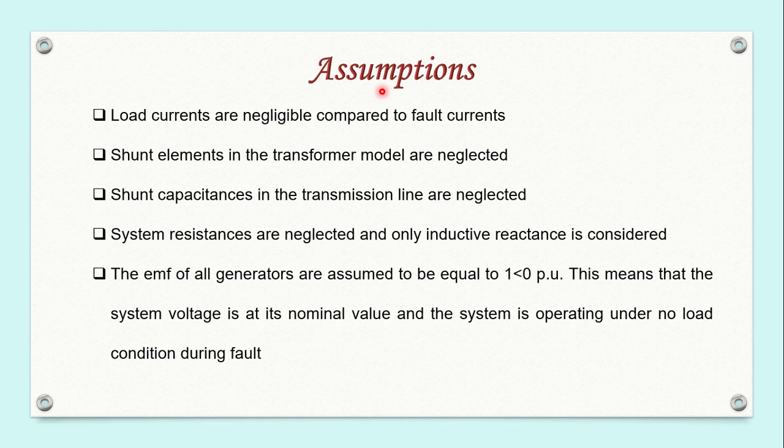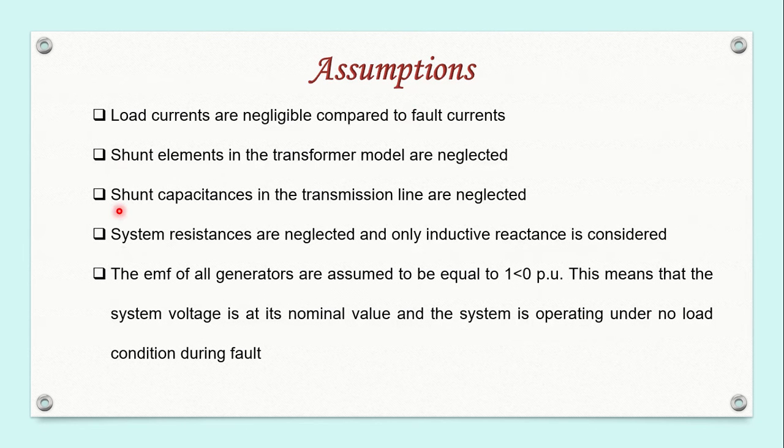Various assumptions for analyzing the symmetrical faults are given here, and we are solving the symmetrical faults using the reactance diagram. We have already studied the reactance diagram and we will use it for the power system network for solving the symmetrical faults.